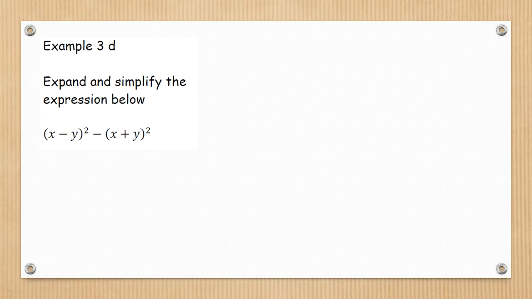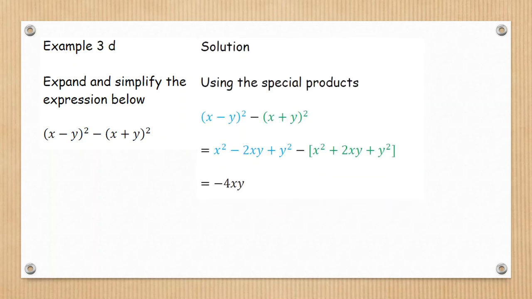For part D, I'm going to show you 3 different ways to do this. First way, using the special products, you'll notice 2 lines. It's a nice and efficient way to do this. So (x minus y) squared, you can remember is x squared minus 2xy plus y squared. Then we have take away (x plus y) squared. So we square the first part, multiply x and y together and double it, and then square the last part, so square y.